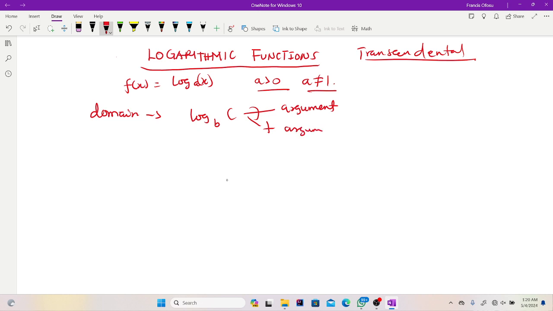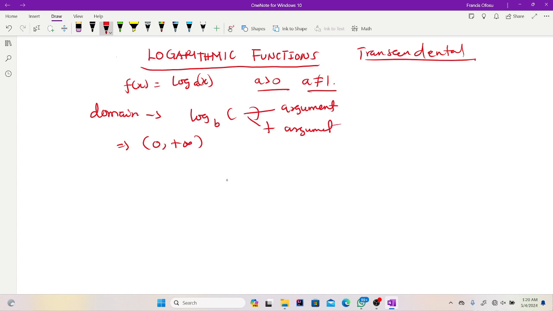So for my domain, it doesn't take any negative, but it can take 0, right? Yes, it can take 0. So the domain generally is the open interval 0 to plus infinity. Meaning a set of numbers from 0 to positive infinity is the domain for all logarithmic functions.